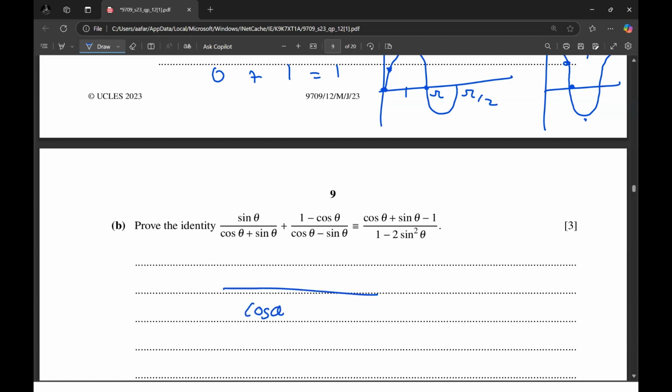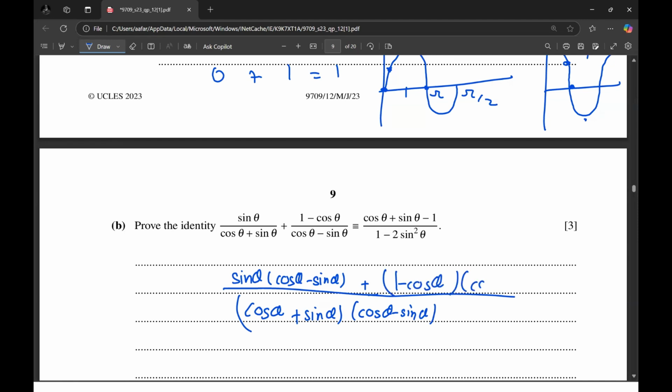Cos theta plus sin theta, cos theta minus sin theta is equal to sin theta multiplied by cos theta minus sin theta, plus 1 minus cos theta multiplied by cos theta plus sin theta.